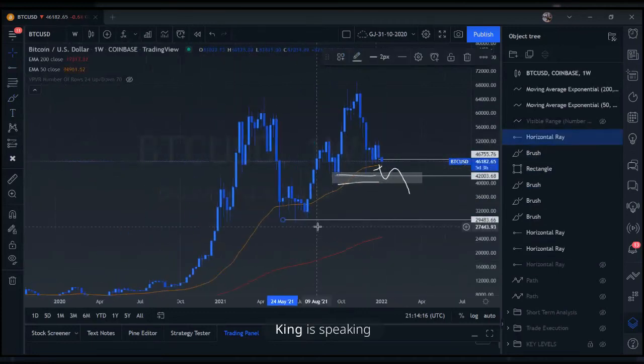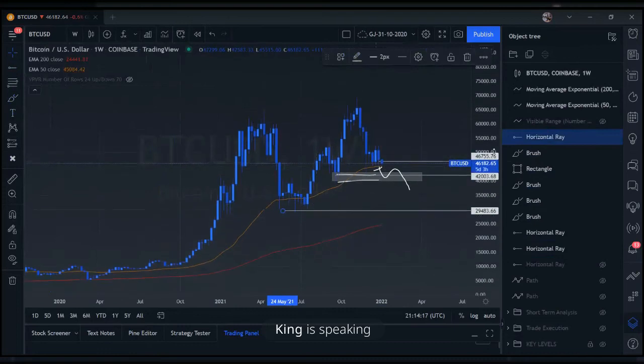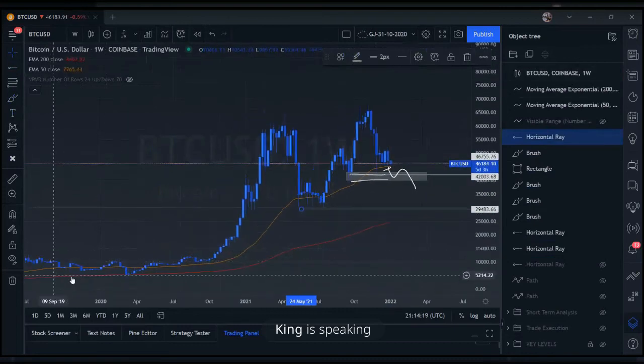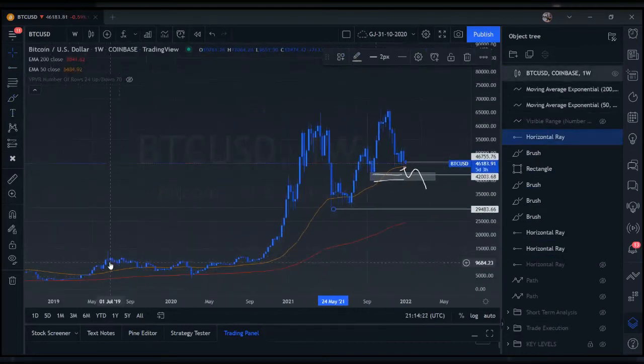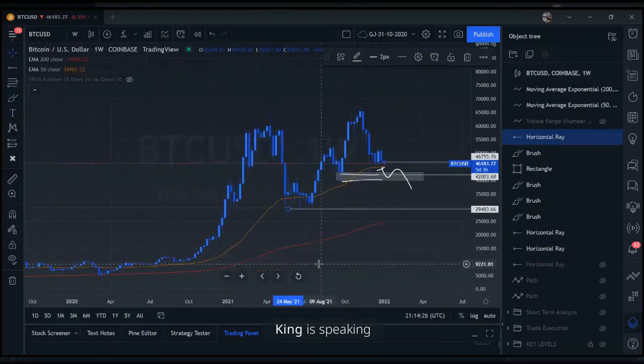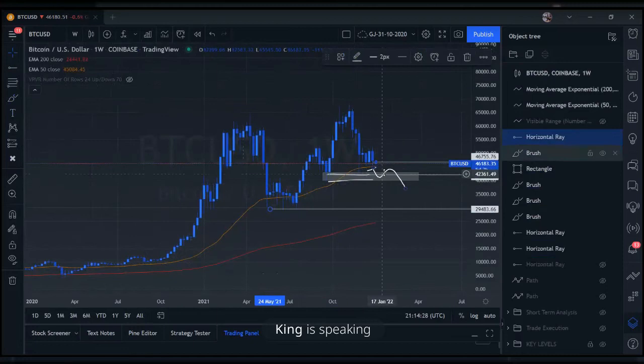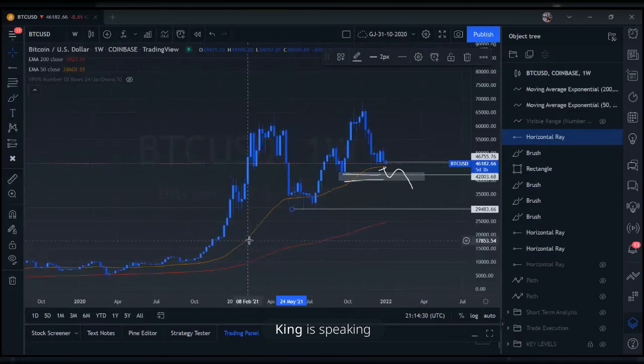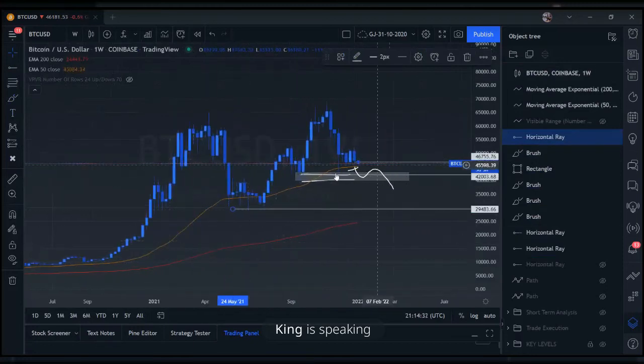I wouldn't say bear market, because obviously the bull market started below 10k, so still a lot of bull to go before we get fully bearish. But in terms of a bear market, that's a short bear market coming down into 30k. We would have a continuation of this bearish phase that we're in.